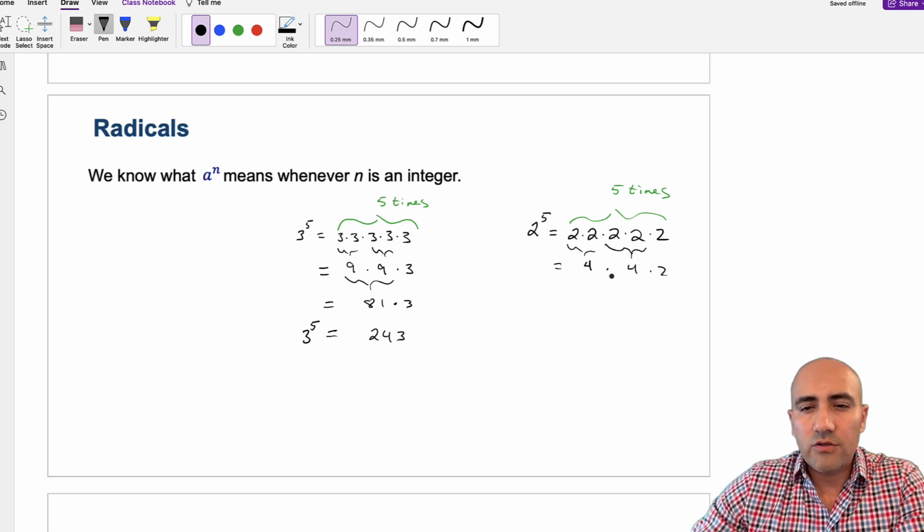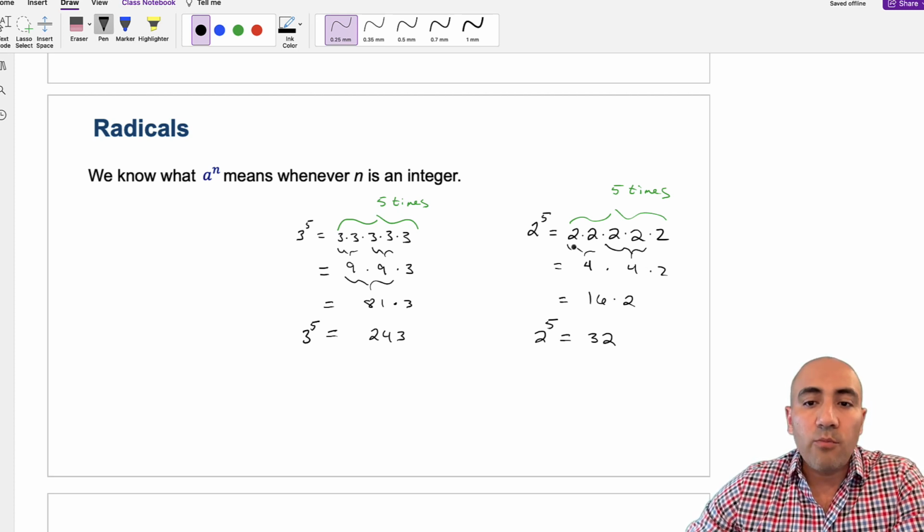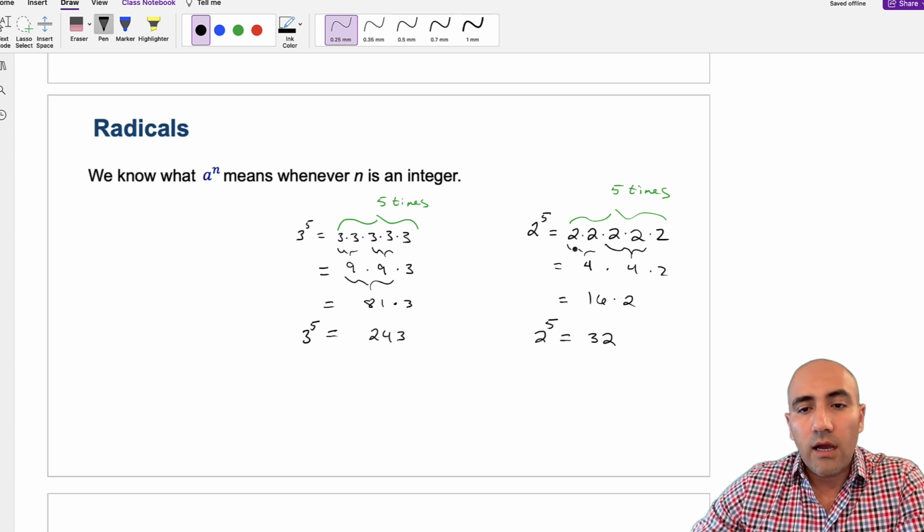So 4 times 4 is 16 times another 2, which becomes 32. So 2 to the power of 5 is 32. 2 is not that bad, so we could just multiply. You don't have to group them up this way, it's just something I like to do. But 2 times 2 is 4, times 2 is 8, times 2 is 16, times 2 is 32. So either way, we get to that.